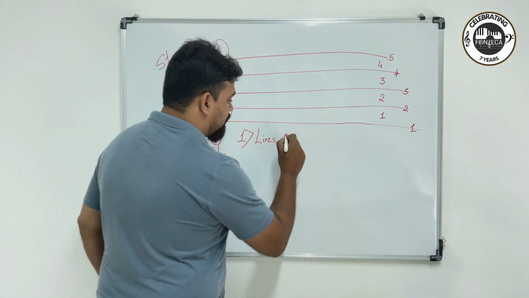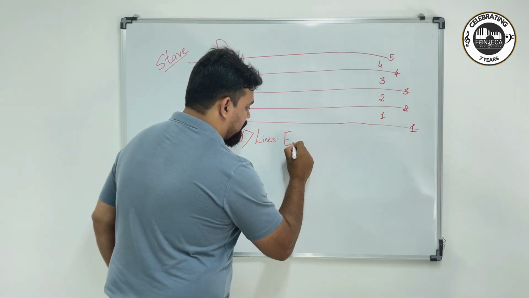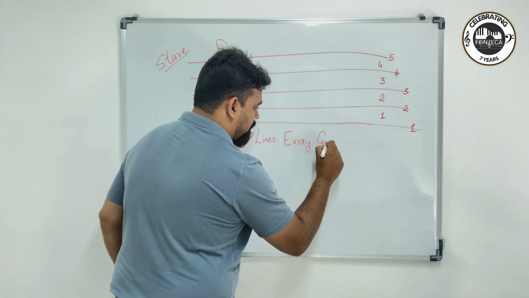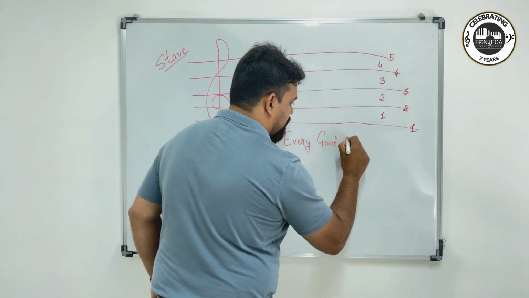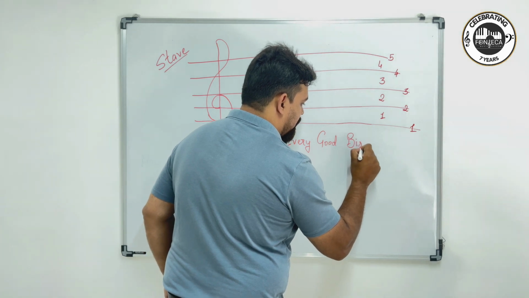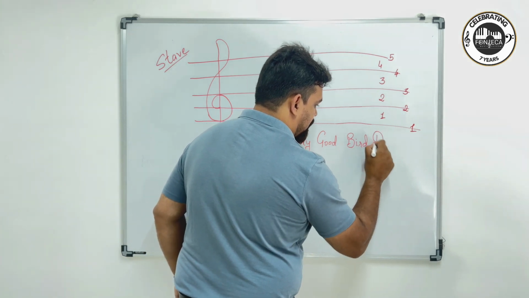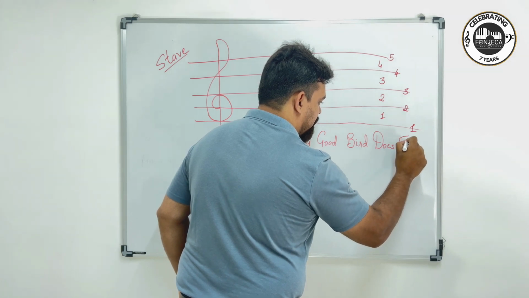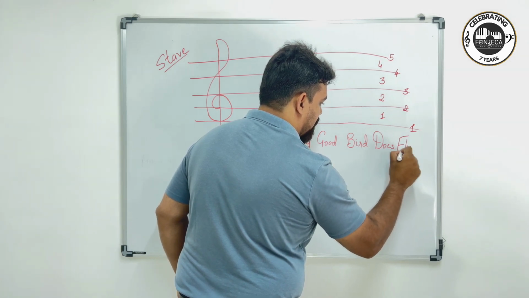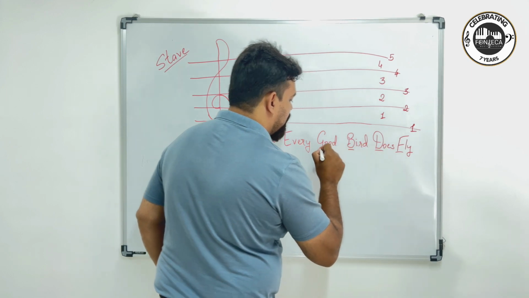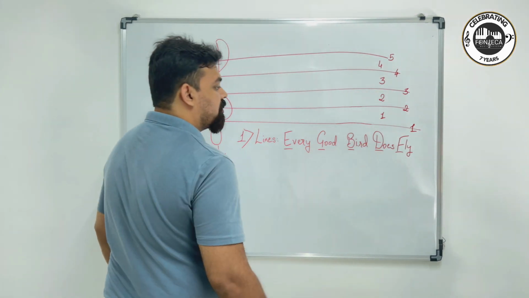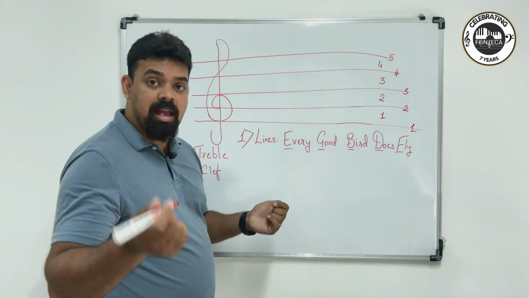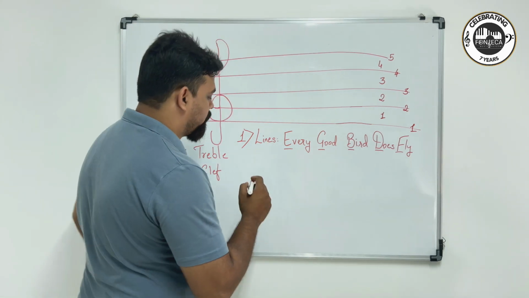The sentence is: every good bird does fly. Okay, so this is the first sentence we have to learn. I'll be explaining to you how and where it works.